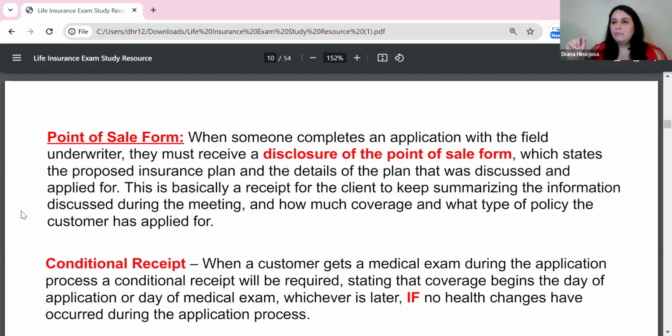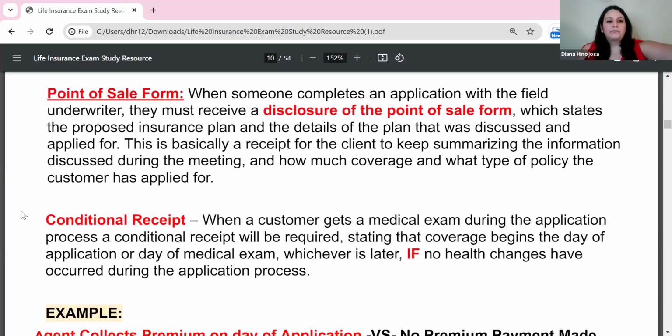He dates it and signs it, you date it and sign it, and it's officially your receipt, your point of sale form, your disclosure of point of sale form, and that's perfect. And that is what we call a receipt. Again, two very fancy terms for your receipt for your customer. And we give them this every single time we do an application.